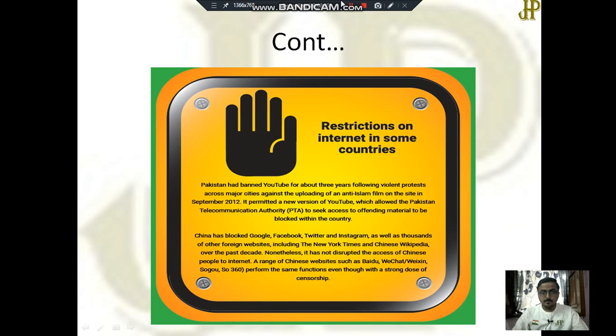Okay? China has blocked Google, Facebook, Twitter and Instagram. So it is based on the perspective of the government, what content has to be seen by the user, or what facility is given to the user.